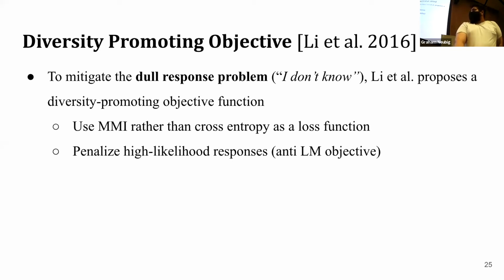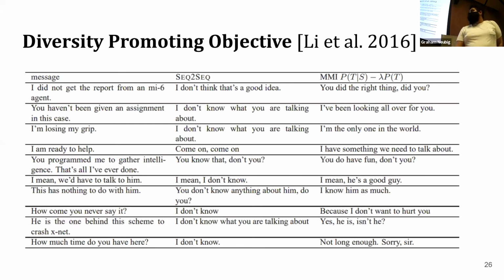They also add a term to their loss function that penalizes high likelihood responses, which is like an anti-language modeling objective. The results are not amazing, but if you look at the right-hand column, there are a lot fewer generic I don't knows than in the middle column.